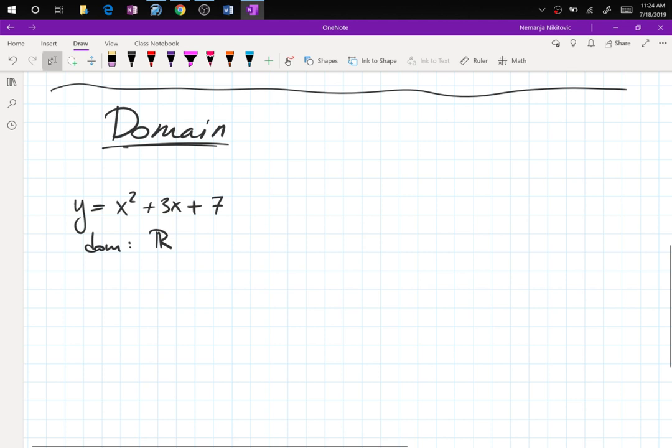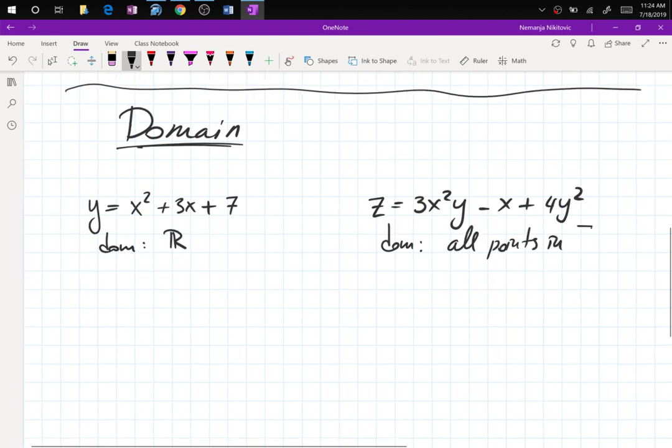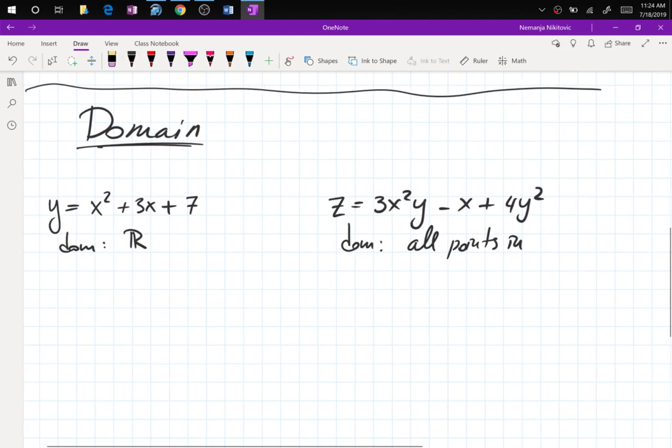Now, you have z equals 3x squared y minus x plus 4y squared. Well, this is also polynomial-like. This is the equivalent of a polynomial for the three-dimensional R3 space. And its domain is going to be all points in R2, because our domain is x comma y.